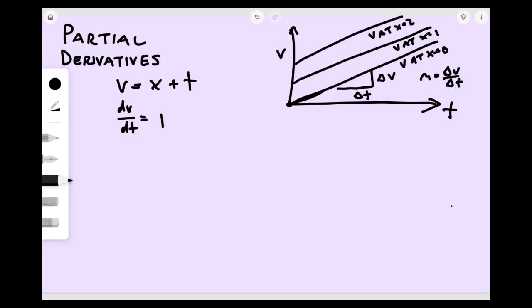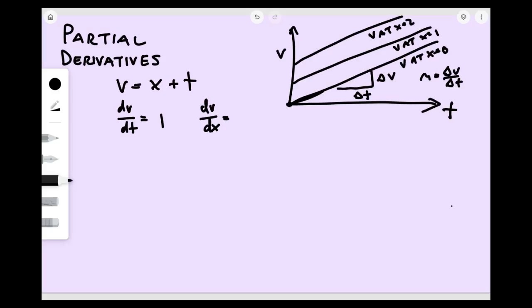So we have to be along a curve where only one variable varies, and that's the variable you care about for the derivative at that moment. So here, dv dt is 1. I can look at dv dx too. And it's just like looking at the dv dt.